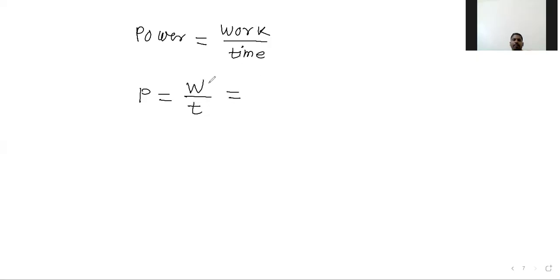Now we know the formula for work is F dot S upon time t. Now, the ratio of displacement upon time is velocity. So power has one more formula, F dot V, where V is the velocity of that object.